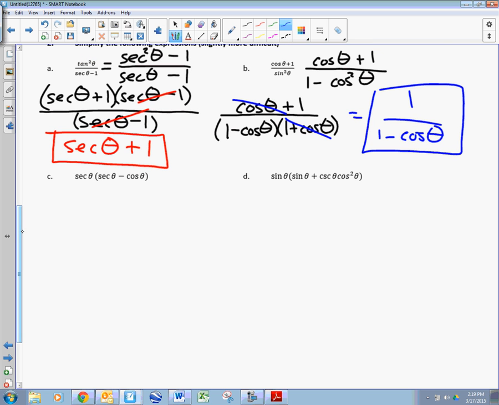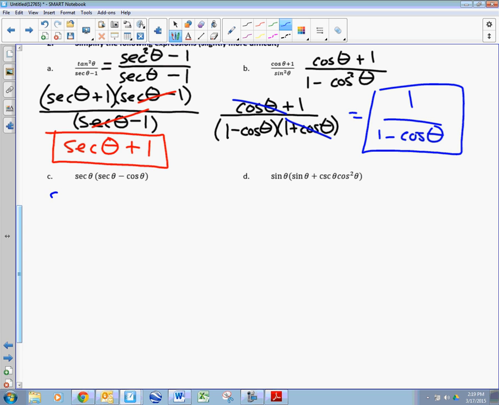Okay, here we go. C. Distribute. And when I distribute, I will create a squared. So one of the pieces that you're learning today is that sometimes you need to create a squared. When you have something squared, there's a lot of pieces you can substitute in for that.